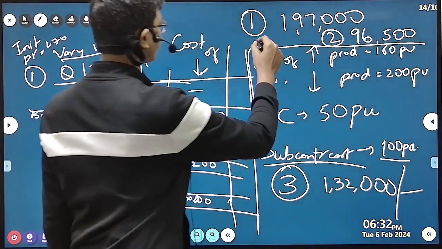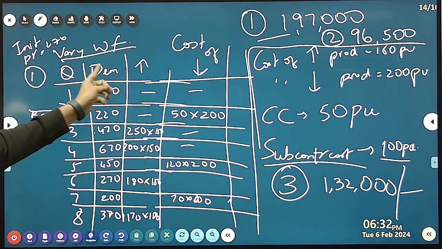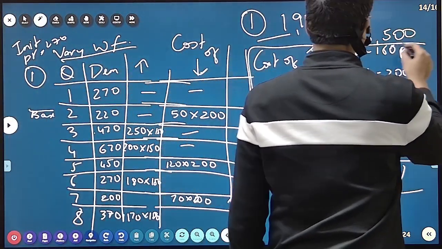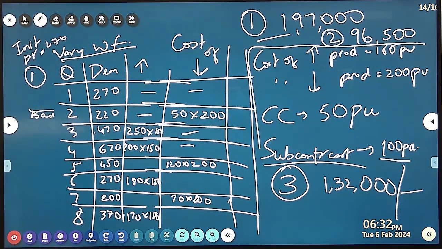So these are the 3 strategies which we are following. In the first one, we are hiring and firing people. We are varying the workforce. We have got a cost of 197 for that. And the second one, we are producing at an average rate and we are fulfilling the demand by keeping the inventory. We are using the inventory to bridge the gap between our production and our demand.